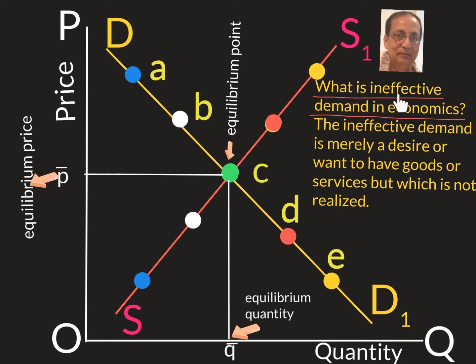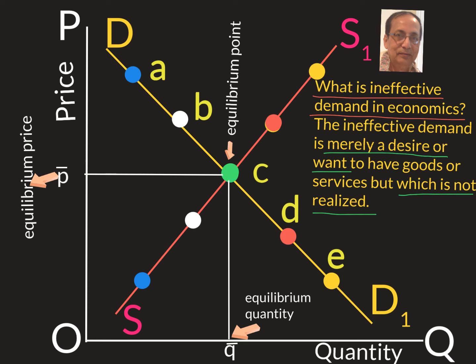What is ineffective demand in economics? The ineffective demand is merely a desire or want to have goods or services. Except the point C, A, B, D, and E are not representing the realized demand, that is, the real purchase of goods and services is represented by the point C. The point C is effective.